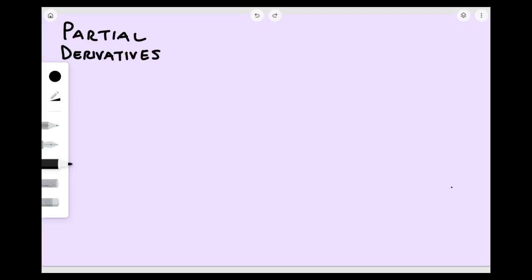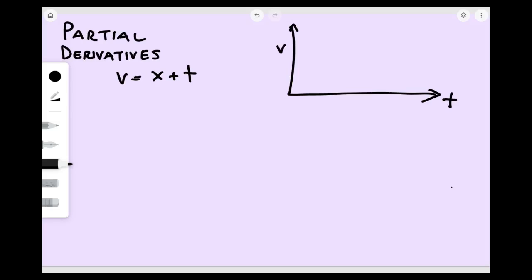For instance, if we have a function v that varies with both position and time, such that v equals x plus t, keep it very simple. If we draw a graph where time t is the horizontal axis and the vertical axis is v, then we can graph the function v, but we have to pick an x.